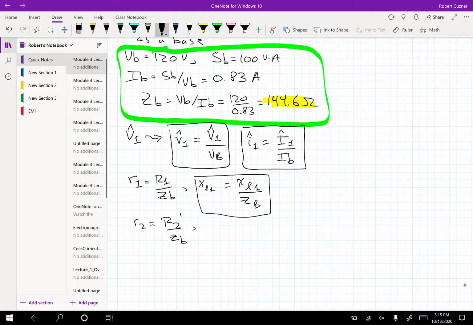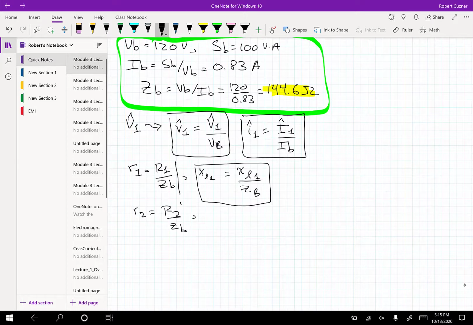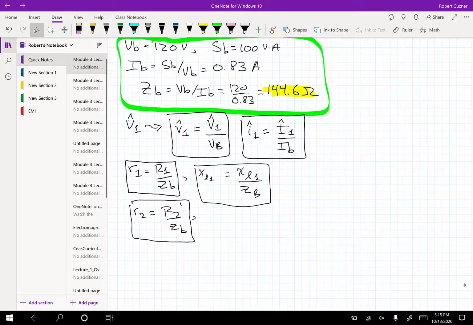Usually when you're doing base, you're just taking your equivalent circuit and you're either doing the base on one side of the transformer or the other and finding the per unit quantities.